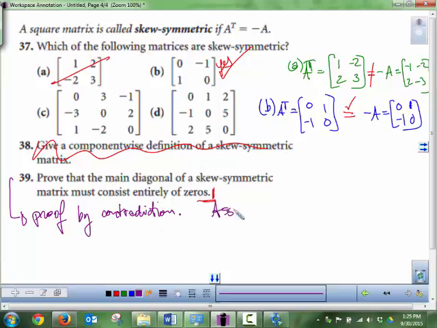When you do a proof by contradiction, you're going to assume something that isn't supposed to happen. So in this case, we're going to assume that the diagonal is not all 0. I need to have done number 38 so I can refer to some values, but I'm just going to do it like this.